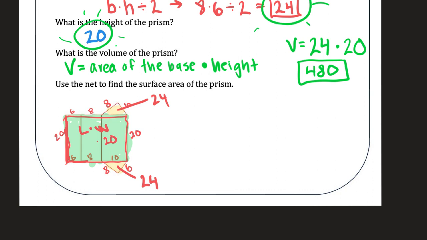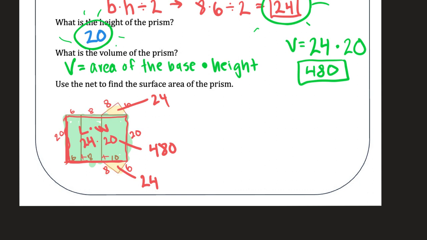And then we can find our length by just seeing how long this length is with the 6, 8, and 10. So 6 plus 8 plus 10 would give us 24. So the length is 24. So the length times the width of this rectangle, 24 times 20, that's a funny one. We already found that. That's 480.